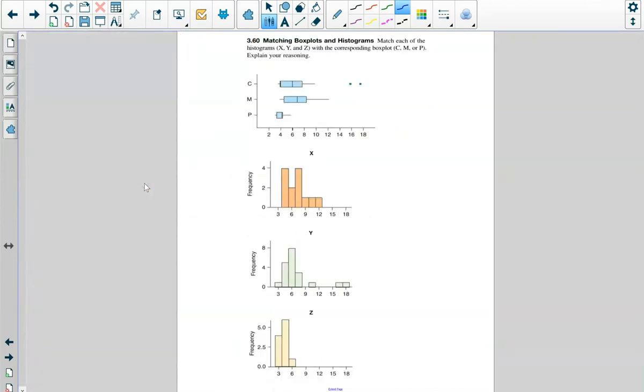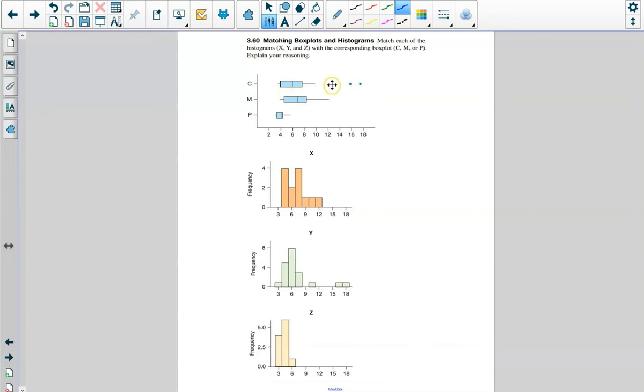In here, they're giving you box plots up here, C, M, and P, and they want you to match the C, M, and P with the diagrams down below. So start thinking about some of those features. Right here, remember, these are outliers. C should be pretty easy to identify because we need a histogram that has gaps.